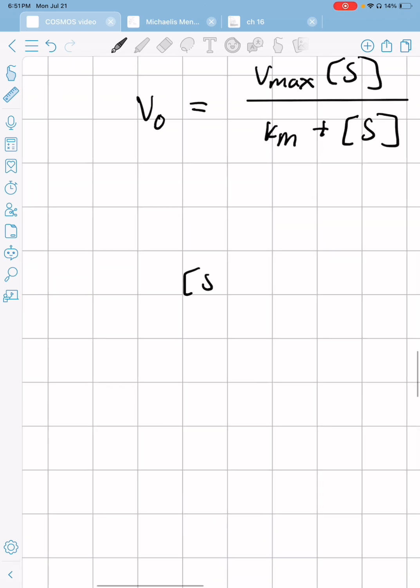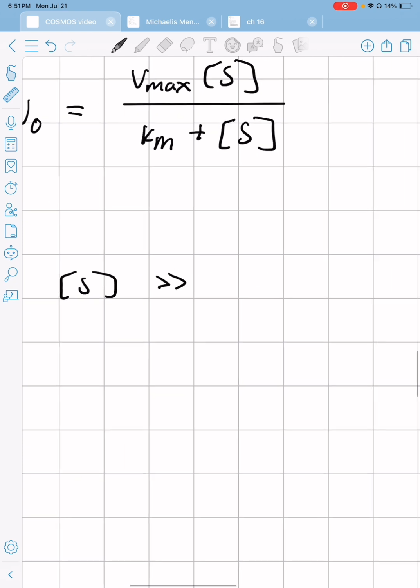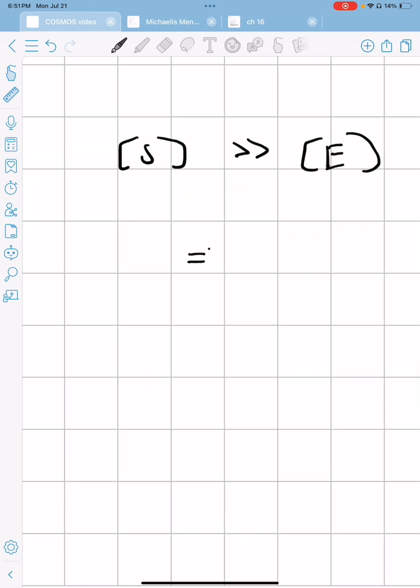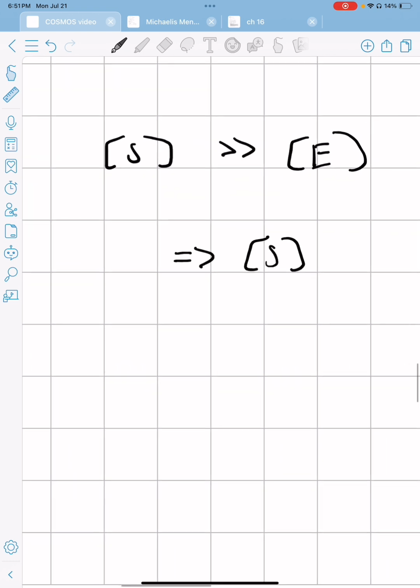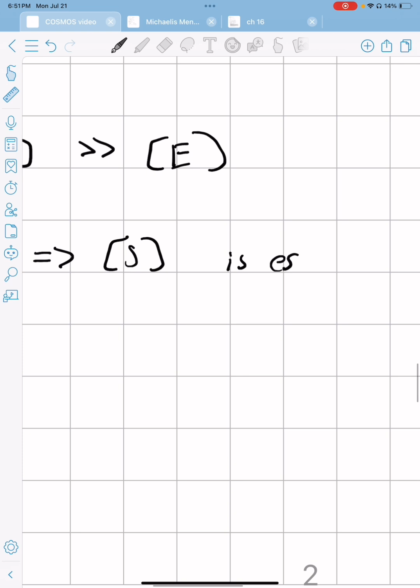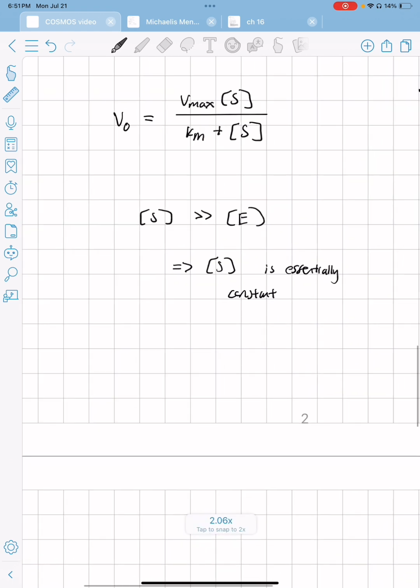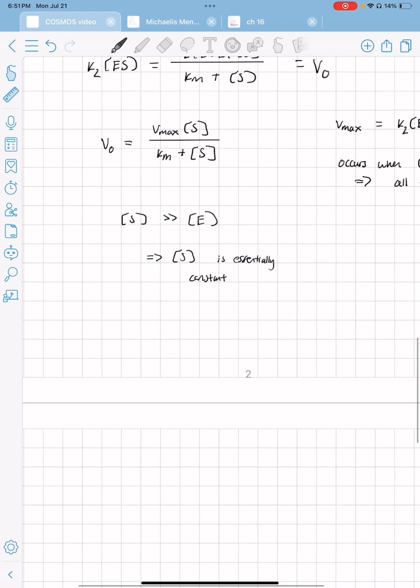So S is actually much, much larger than the concentration of enzyme. We're considering S to be much larger than the concentration of enzyme. So therefore, S is essentially constant. And that's how we find the initial rate or initial velocity of the formation of a product with an enzyme and a substrate.